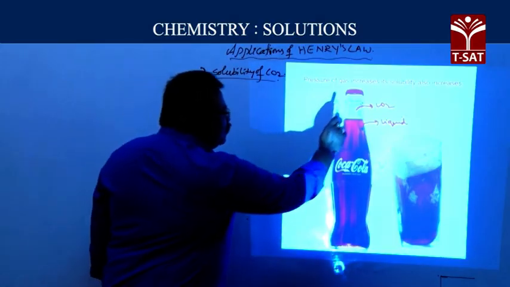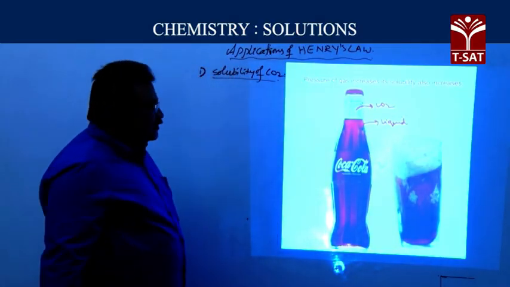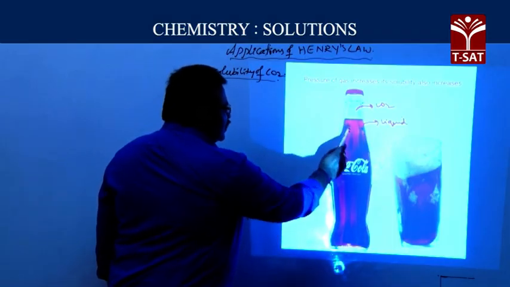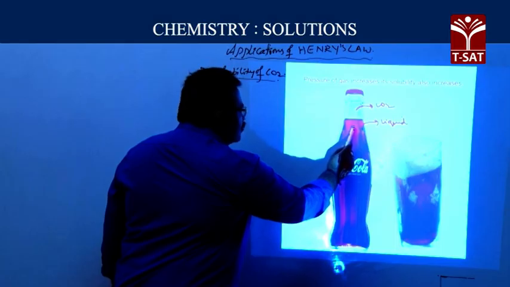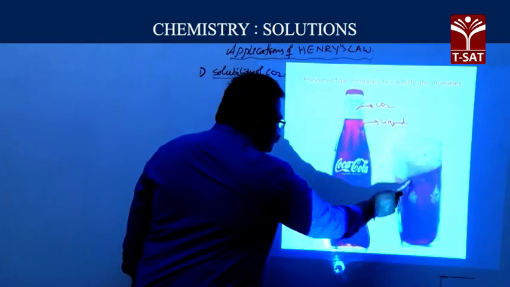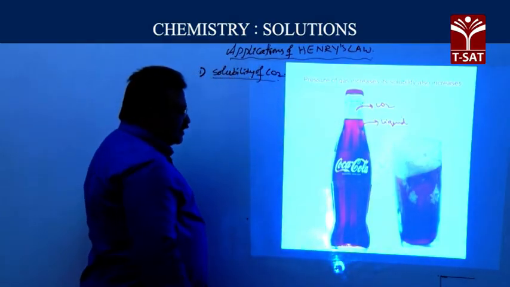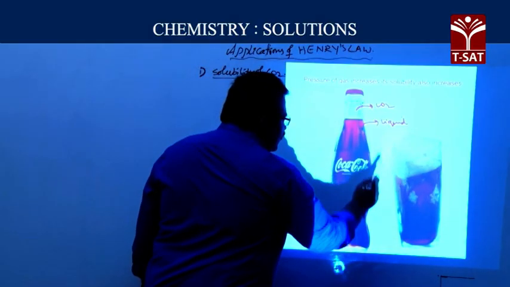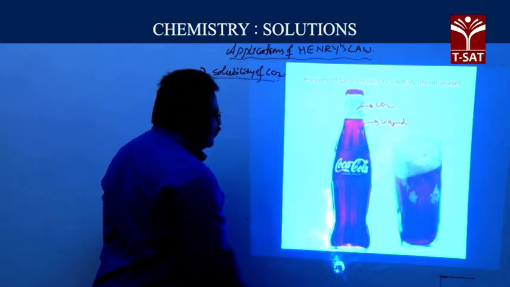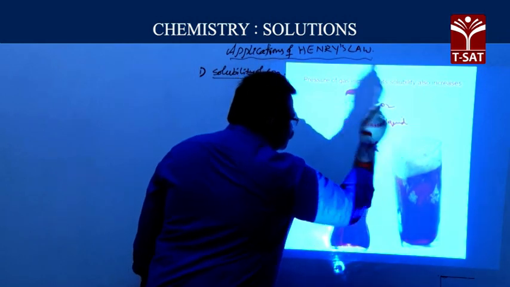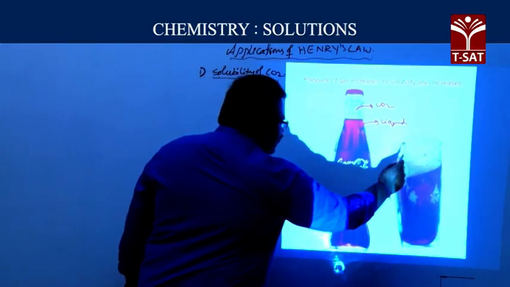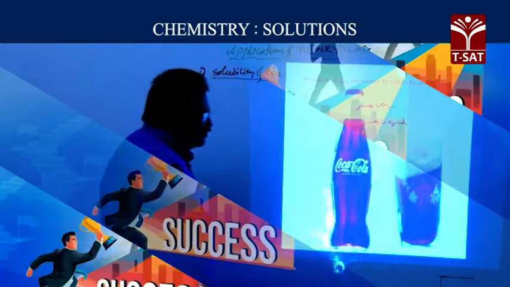The moment you open the lid, carbon dioxide goes from higher pressure to lower pressure. When you pour it into a glass, the pressure of carbon dioxide is very less, so carbon dioxide comes out in the form of bubbles.